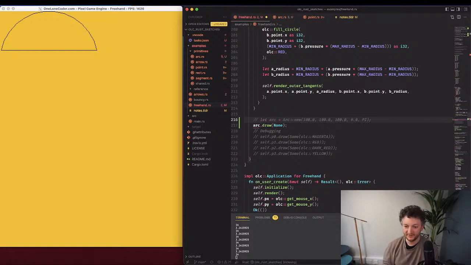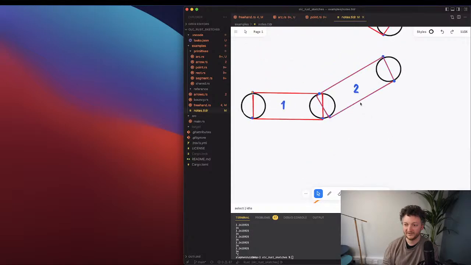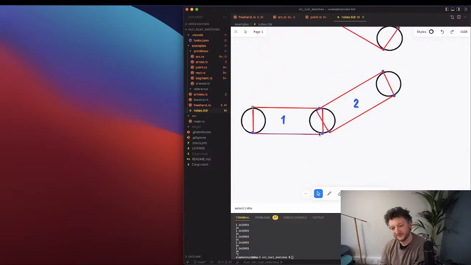So good. Now that we have a way of drawing arcs, let's fill in those corners, right? So again, we want to check whether basically this segment and this segment is going left or right. If it's going left, then we want to do something different. We want to make an arc here.